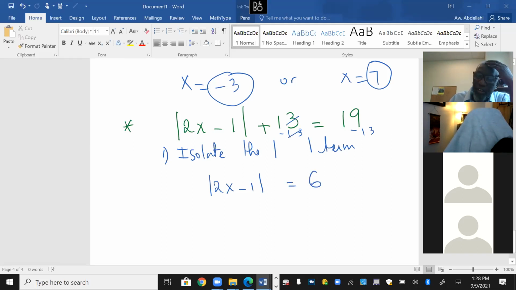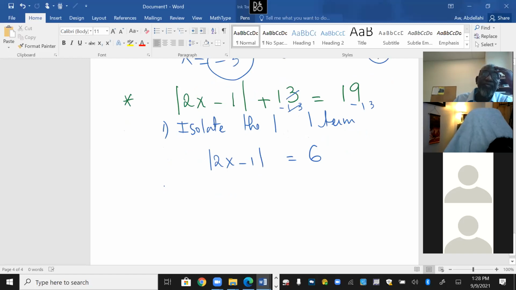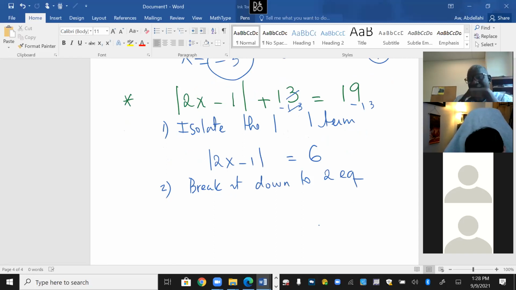Now you're going to break it down into 2 equations. Again, I repeat, the easiest way to do it for regular students is to set it to 6 and to set it to -6, so you don't have to worry about the left side, because the left side is harder to maneuver in general.